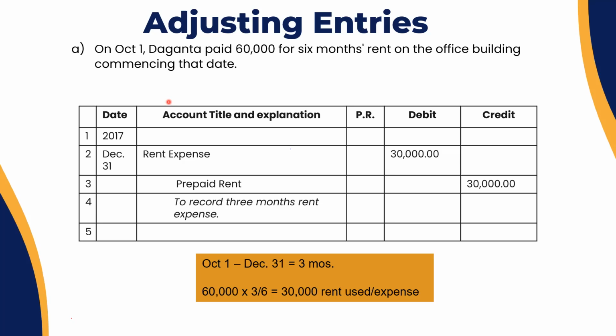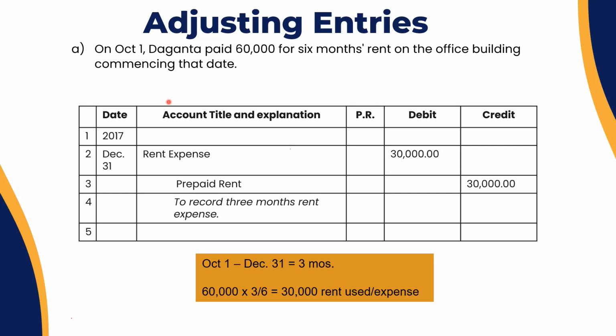So paano natin siya i-adjust? So analyze natin. That 60,000 is for 6 months, and half of that, which is 3 months, is already used or expensed already. So ibig sabihin, one half ng 60,000 is already used.